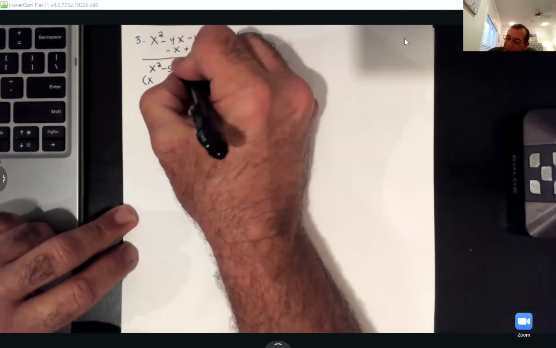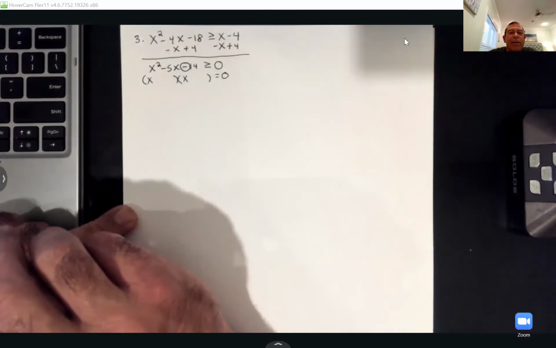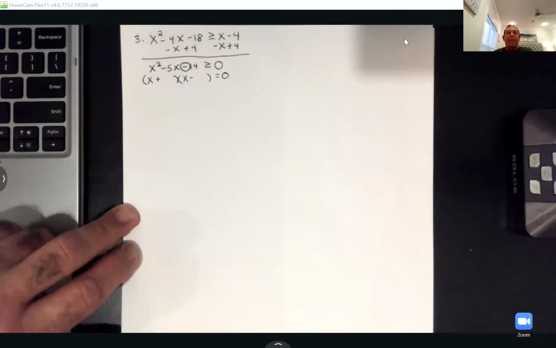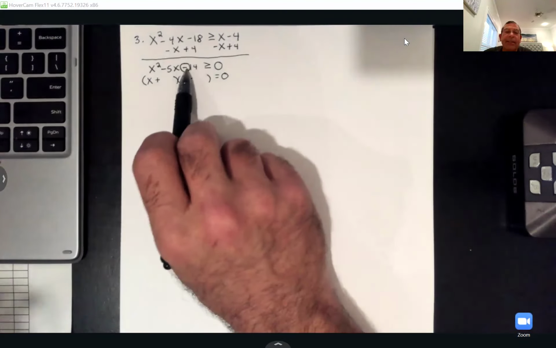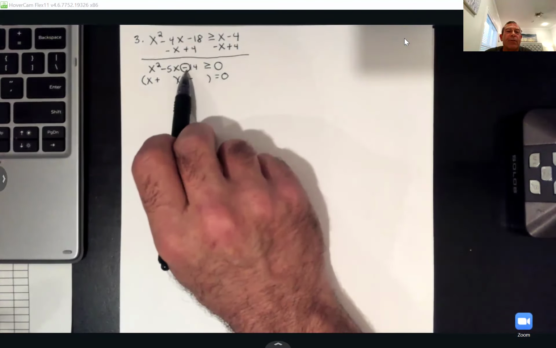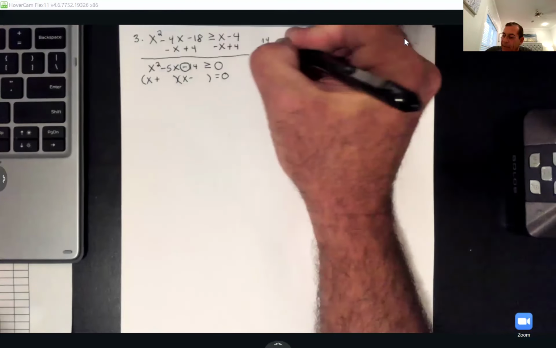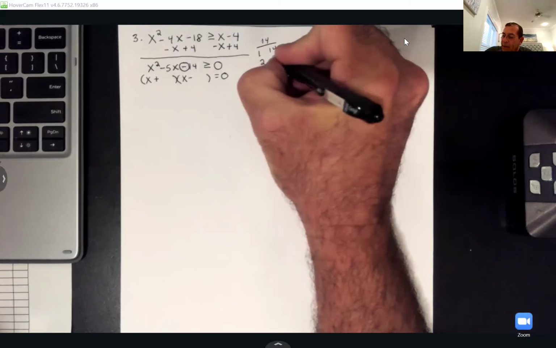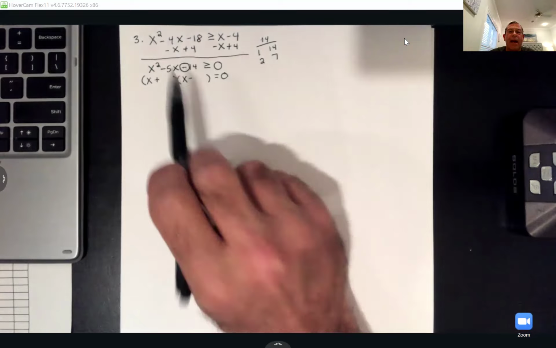All right, now look. The last number is a negative 14. So you got unlike signs. Now, since that's minus, I want factors of 14 that'll subtract and get a 5. So let's see, that'd be 1 and 14, 2 and 7. So since that's a minus, they got to subtract and get 5.